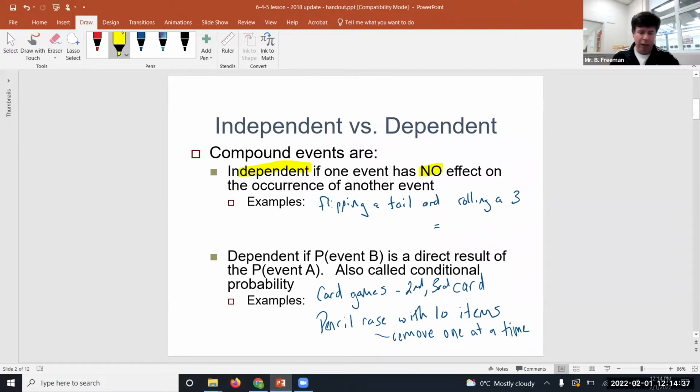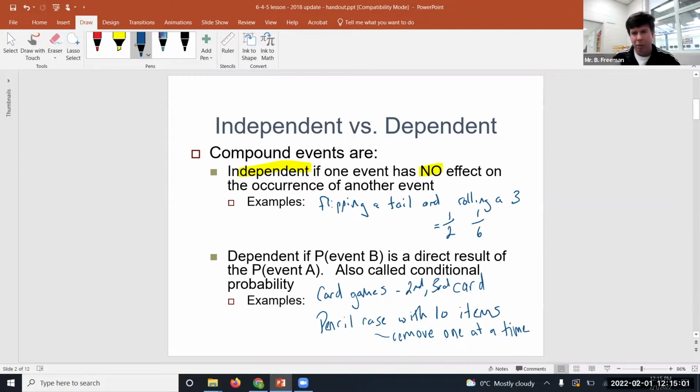And so we'll look at a classic example here where you have 2 totally unrelated things: flipping a tail if you're flipping a coin, and rolling a 3. And in that situation, the probability for the tail flip is 1/2. Probability of rolling a 3 is 1/6.